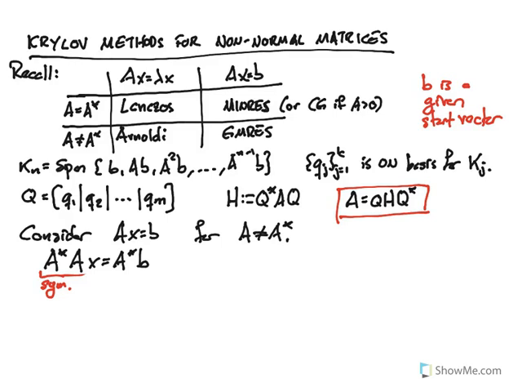So this is symmetric positive definite. Which means that you can apply conjugate gradients to solve this, and this sometimes works quite well. But there is one catch, and it is, so CG can be used to solve the normal equations.